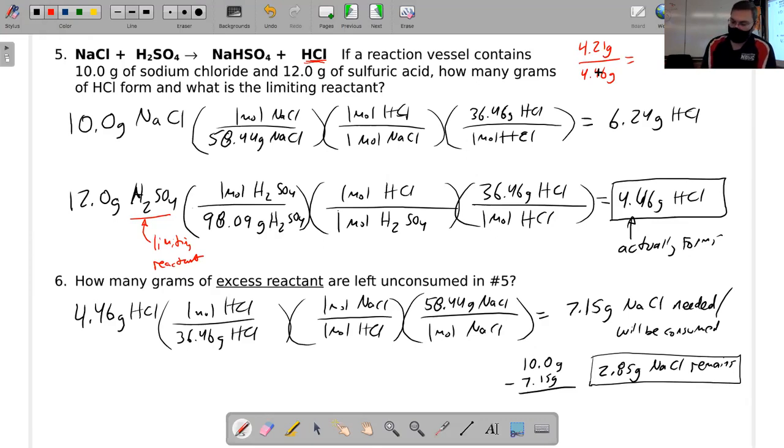So this might be a 94.3% yield, meaning this is the actual amount that's produced from what you expect. That's a good yield. It is what it is.